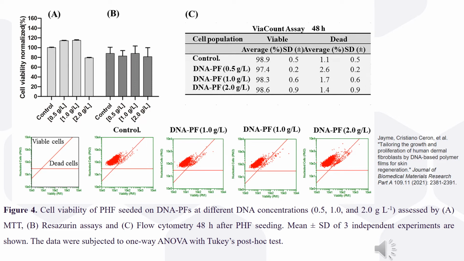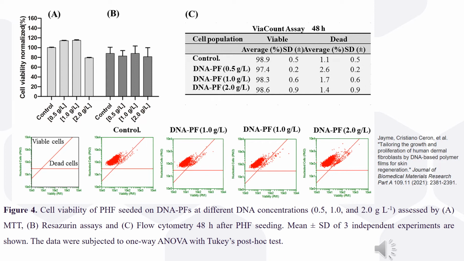And the results of cell viability are assessed by MTT, resazurin, and Via-Count, 48 hours after the seeding process of the cells in contact with the DNA polymer film.